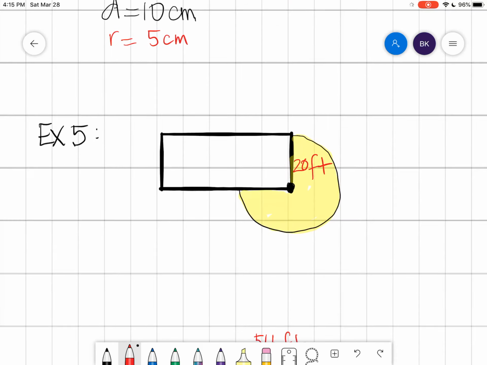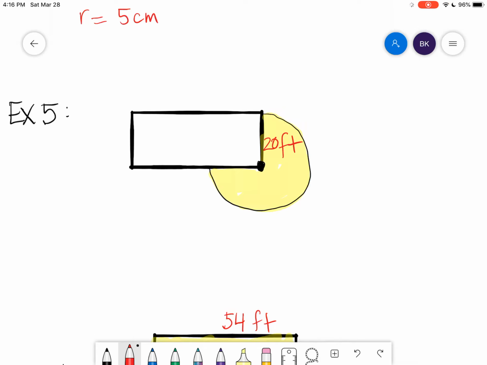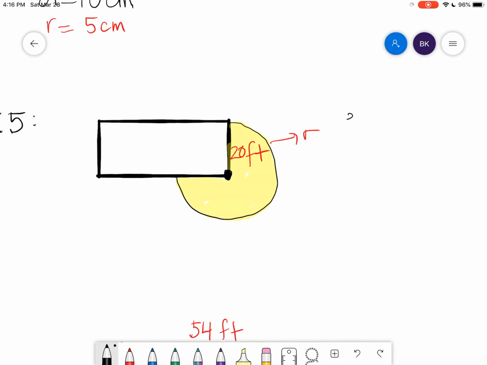Next example. We have 2 more examples to go. Sorry about the circle, it's not very circular, but I know you get the idea. We have a circle and a rectangle, and I only want you to find the area of the shaded part. Now 20 is the radius, and we can see that it's not the whole circle, it's 3/4 of the circle.